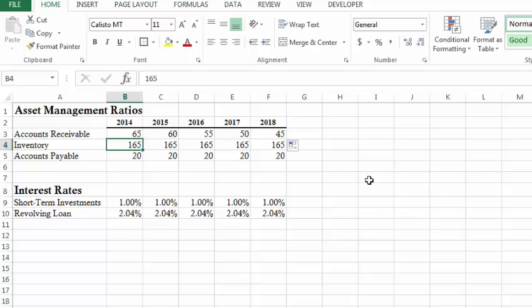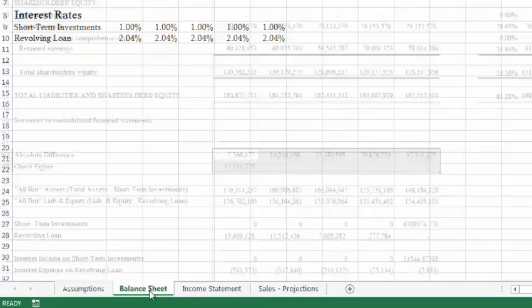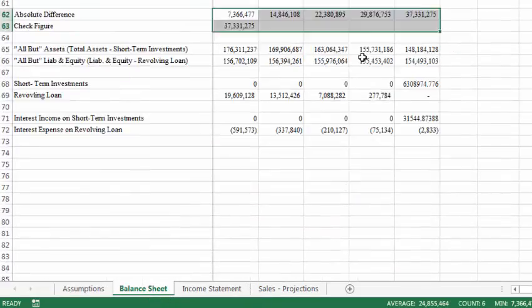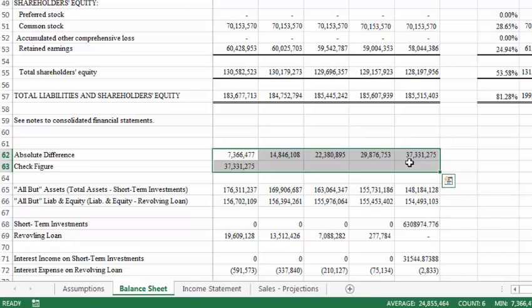So instead of 165, it goes to 155, then 145, and again, and so on. First off, that's going to adjust things, as I've already pointed out, at the bottom of my balance sheet. Wow, we're out of balance all over again in a big way.